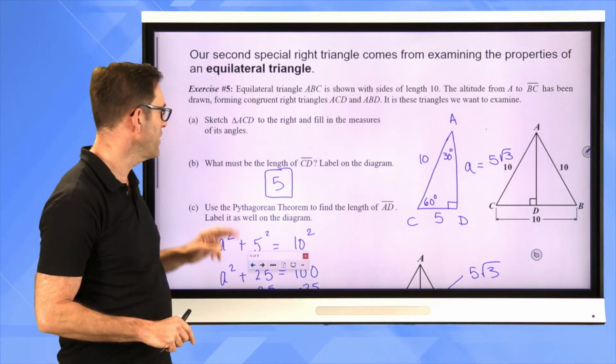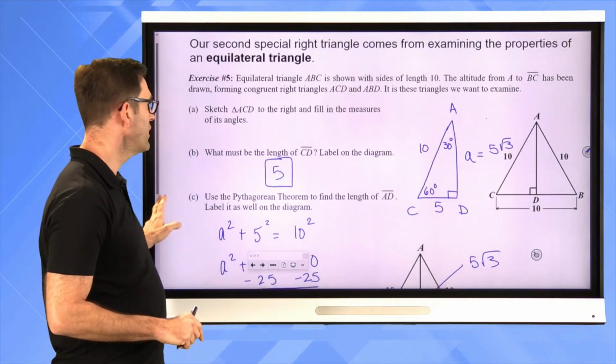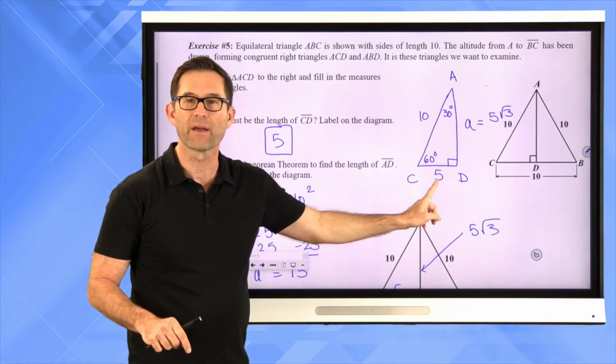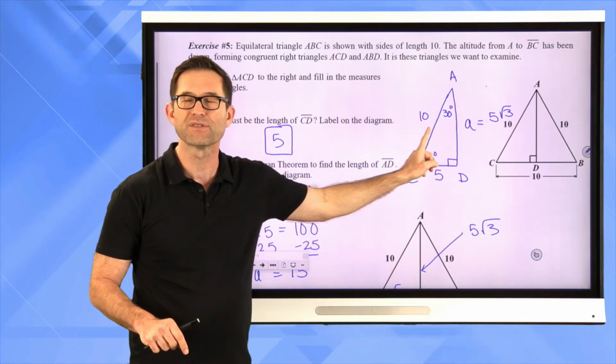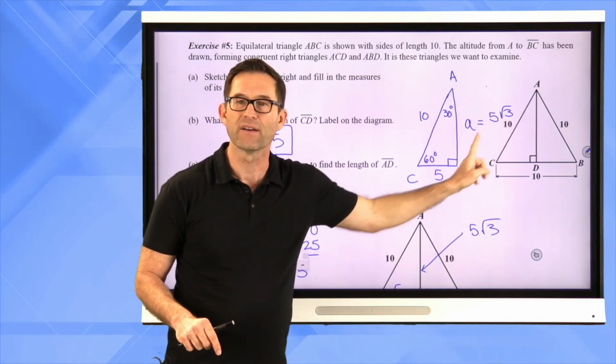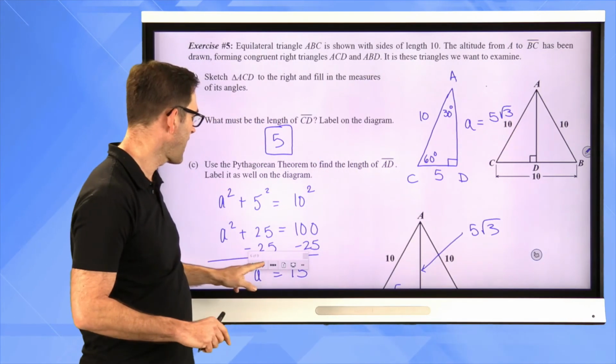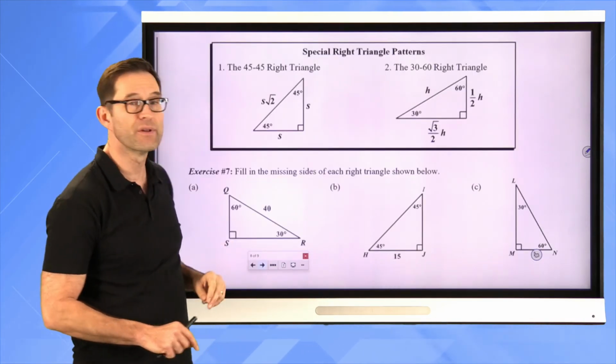Let's go back to the previous one. In this one, again, the side length that is opposite the 30-degree angle is half of the hypotenuse, and the longer side is that shorter side times root 3. And that is, in fact, the pattern in a 30-60 right triangle.